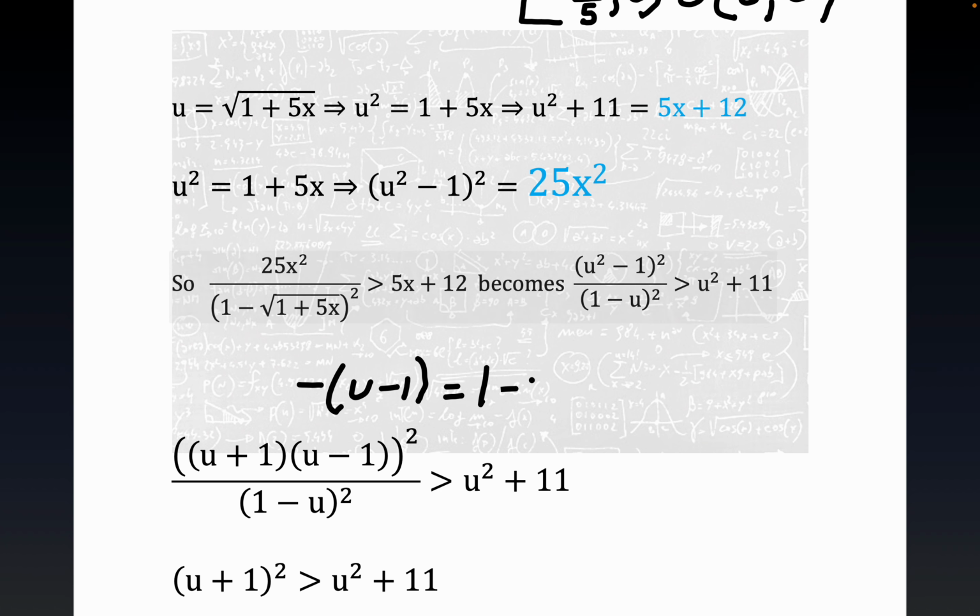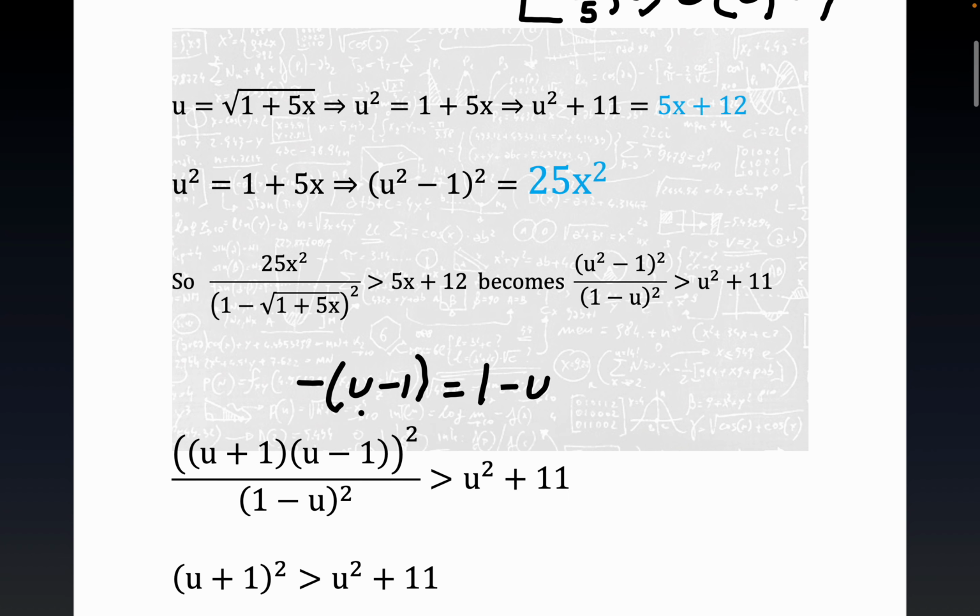You have to look at it for a minute. When you square both of these objects, the U minus 1 quantity squares cancel, because the minus sign is getting squared too.